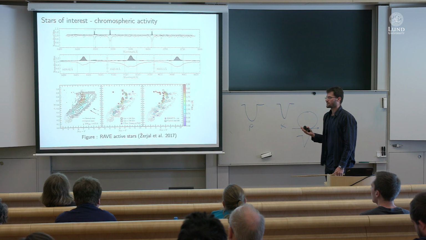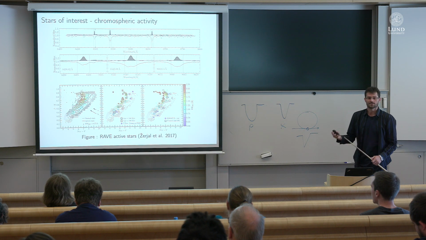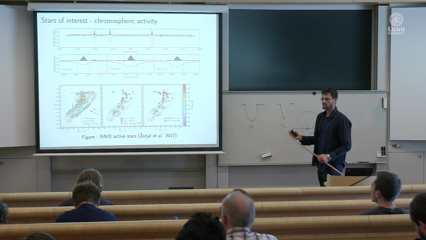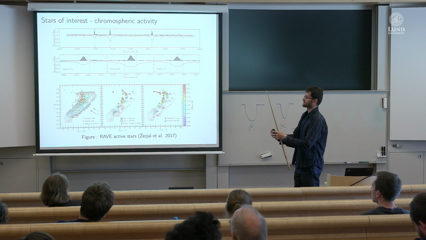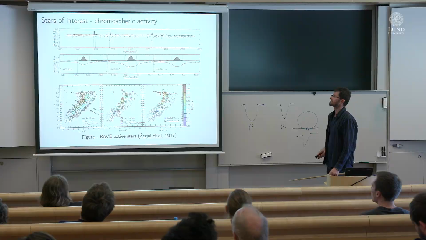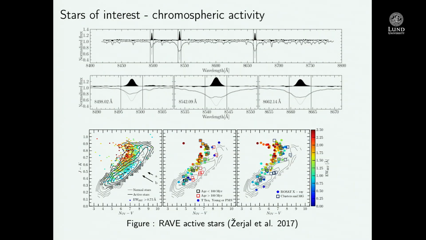Another thing is that if we do find these peculiarities, this can actually be a source of further studies for these interesting objects, because some of them are really physically interesting. For example, chromospheric activity in stars manifests itself in the emission in otherwise absorption lines. So this is calcium absorption lines here.